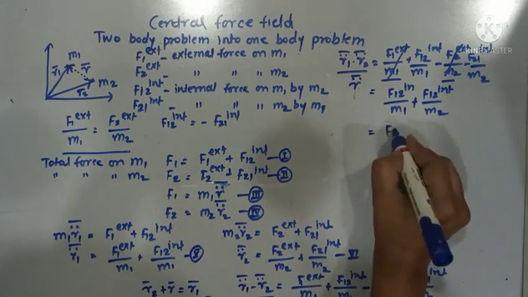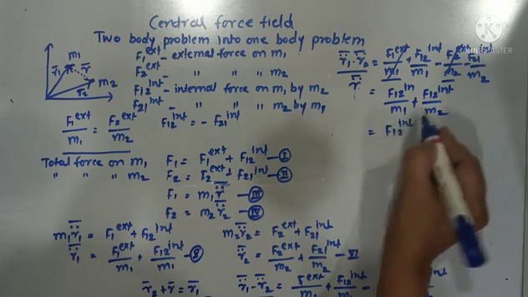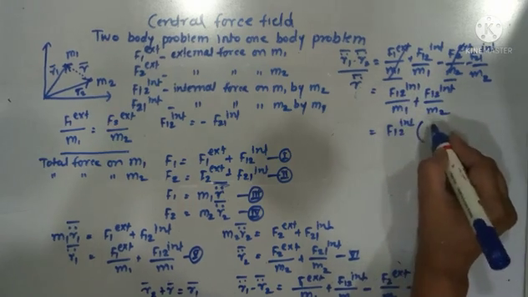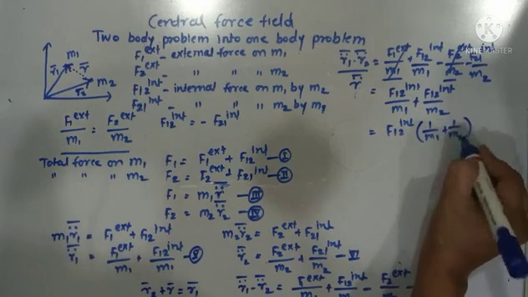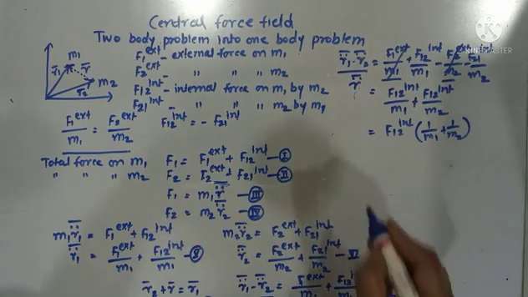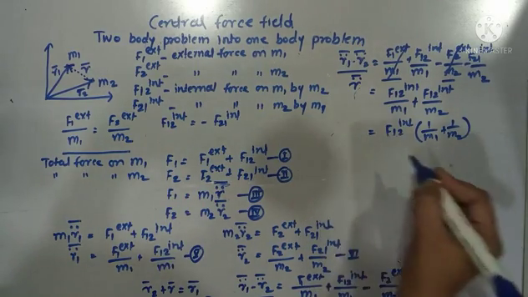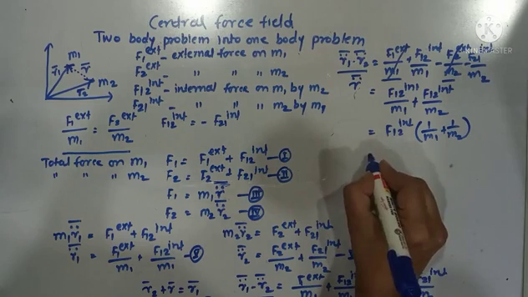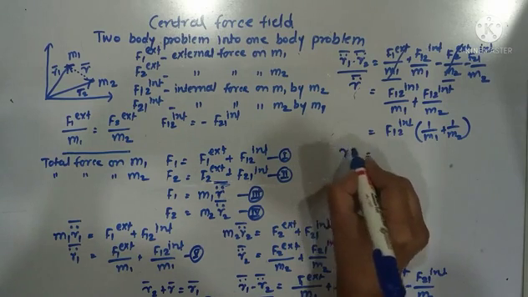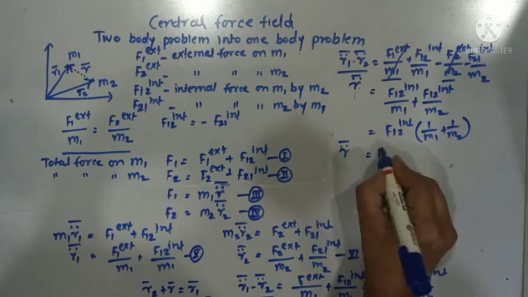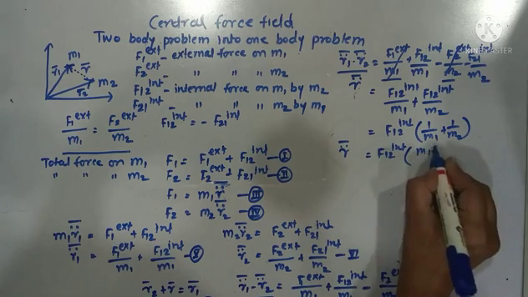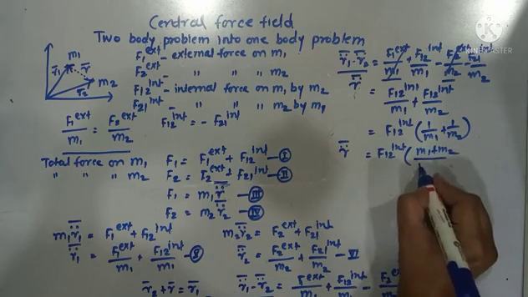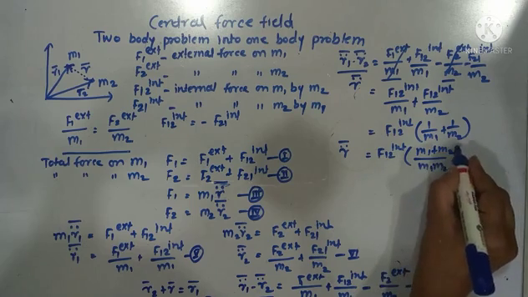Taking f12 internal common, there will be remaining 1 upon m1 plus 1 upon m2, and I can write r double dot is equal to f12 internal times m1 plus m2 upon m1 m2.